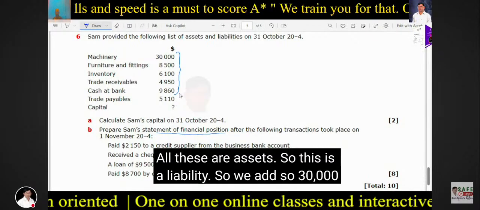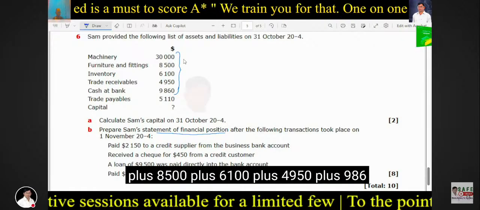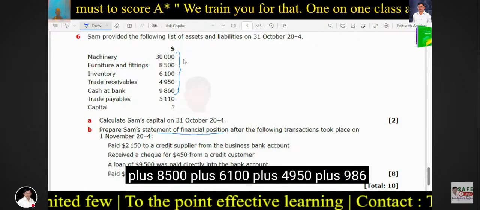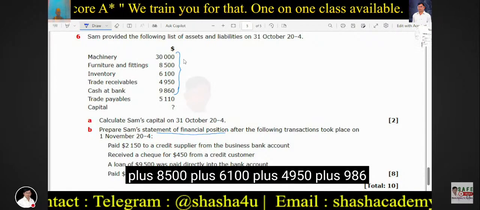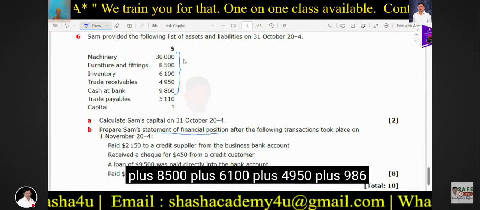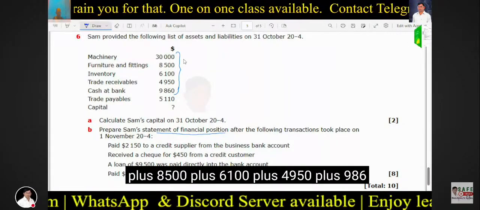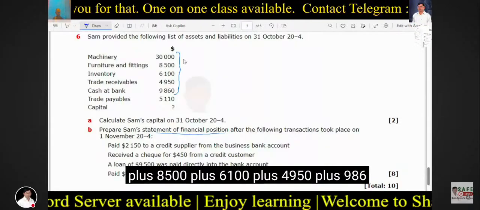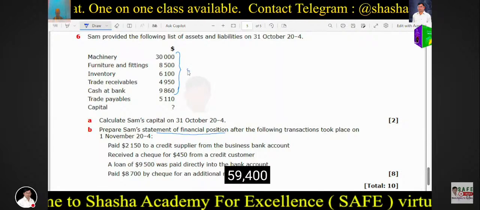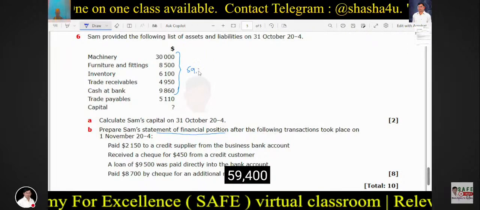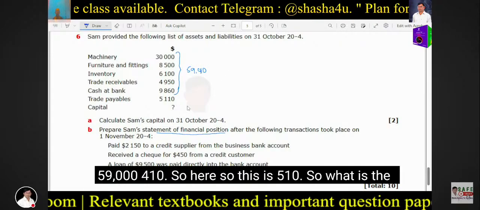So we add 30,000 plus 8,500 plus 6,100 plus 4,950 plus 9,860, which is 59,410. Here the liability is 5,110.